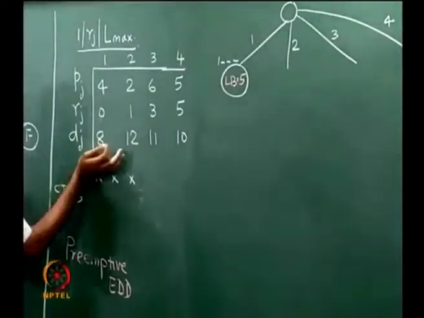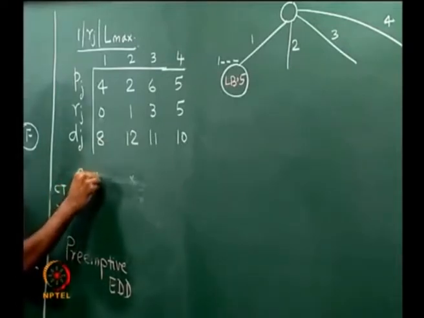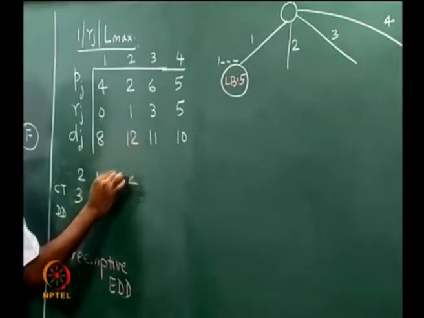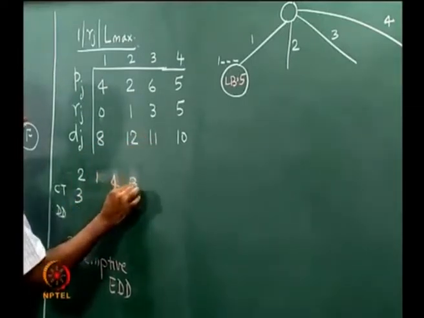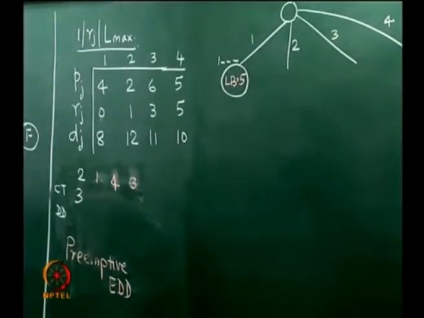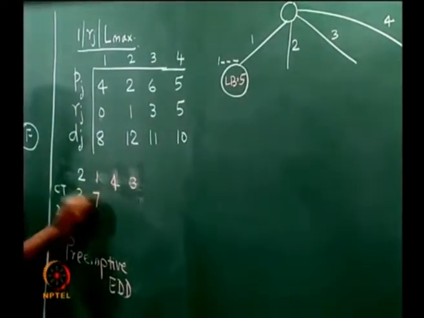The next 3 jobs will be 1, 4 and 3, which are not shown in white. At time equal to 3 job 1 is available, so this will be finished at 7.